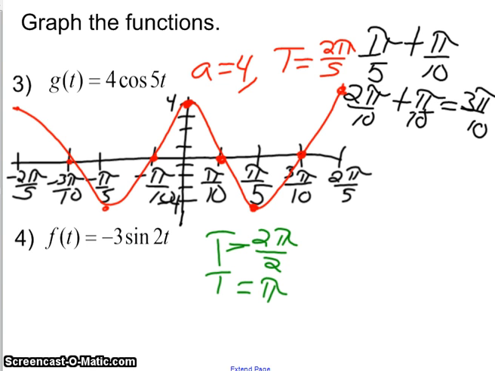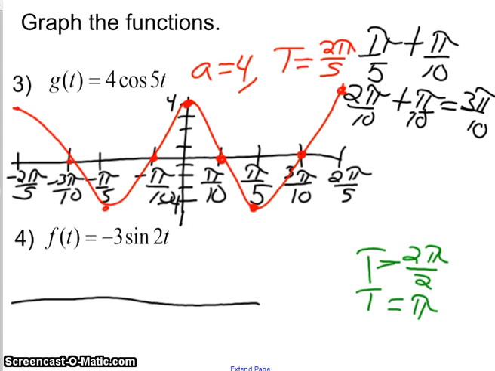Okay. So let's set up our axes. I'm going to go from negative pi to positive pi. I'm going to go up on the y-axis to 3 and down to negative 3.